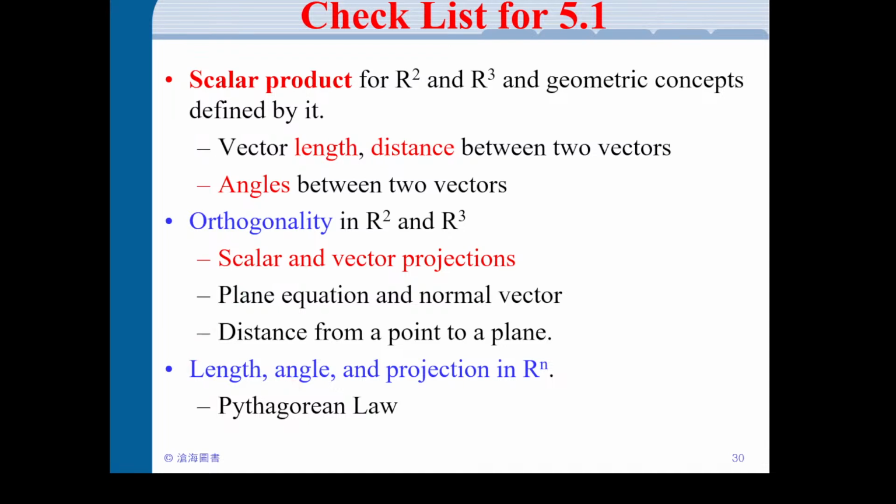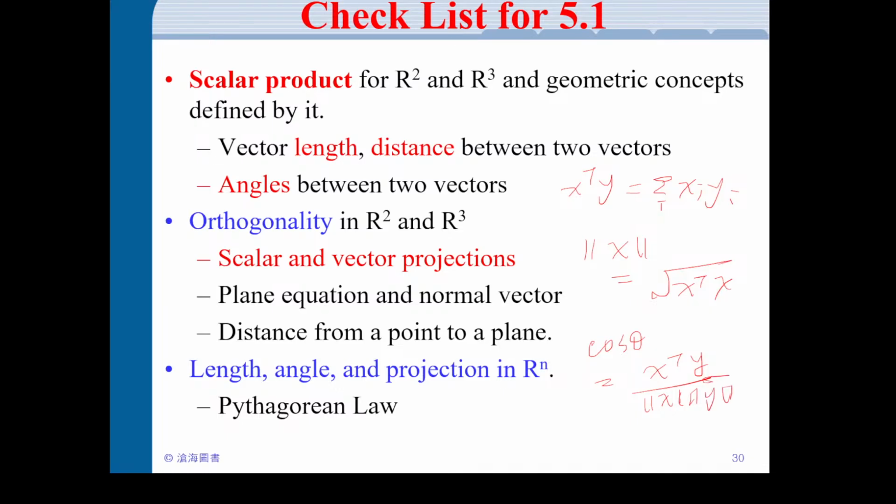I guess we can have a bit of writing here. So x^T y equals the sum over i of x_i y_i, and then you have length of x equal to the square root of x^T x, and distance is similar, and for angle we have cosine theta equal to x^T y divided by length x, length y.